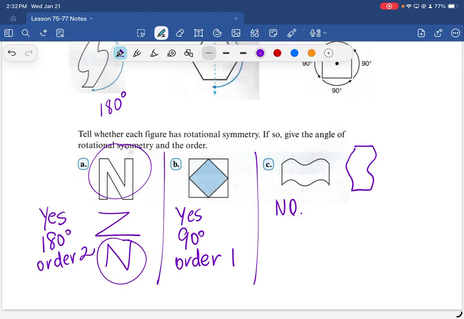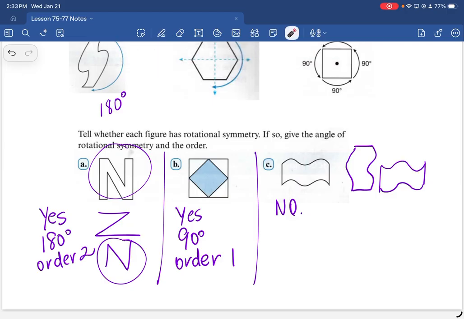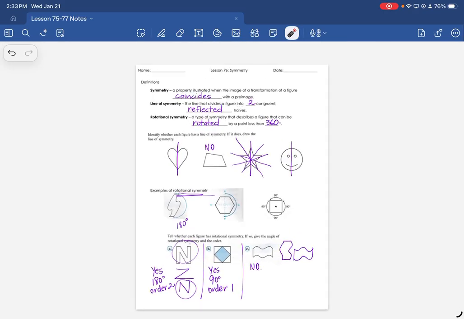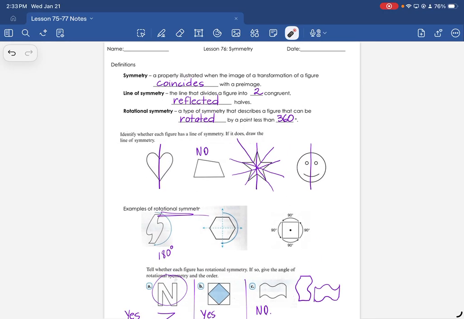And then if I flipped it back again, it would be under the little groove. I'm not drawing this very well, but you see what I'm saying. I'm looking at this groove, this dip. It moves every time you flip it back. So it doesn't look the same before hitting the full turn. So it doesn't have rotational symmetry. So that's lesson 76.